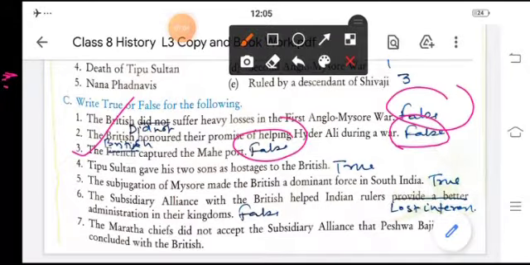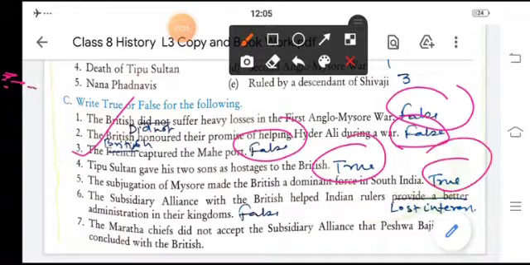Then, Tipu Sultan gave his two sons as hostages to the British. Yes, it is true. The subjugation of Mysore made the British a dominant force in South India. True. And the subsidiary alliance with the British helped Indian rulers provide a better administration in their kingdom.